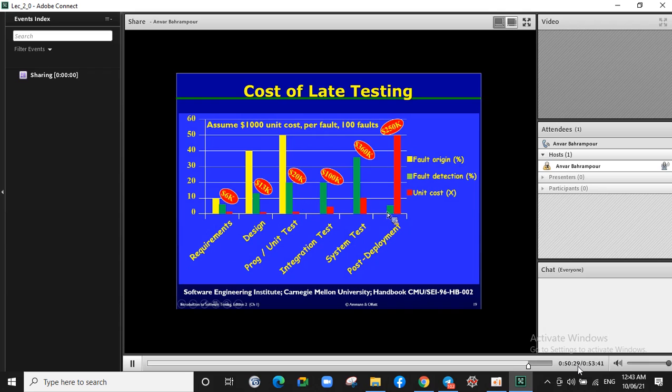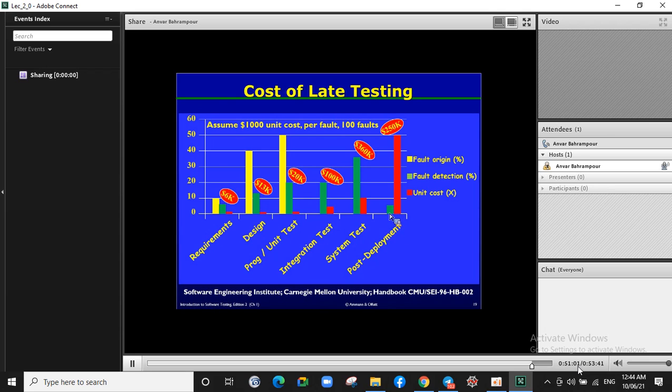At every stage we could detect some faults in our software product, but the faults that are detected after deployment of software are very costly. For this, you should see the red bars. The red bar shows the unit cost of the faults detected at each stage.